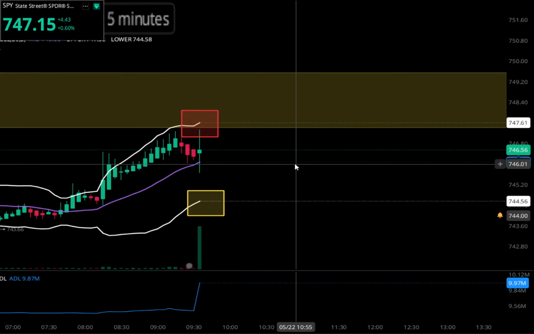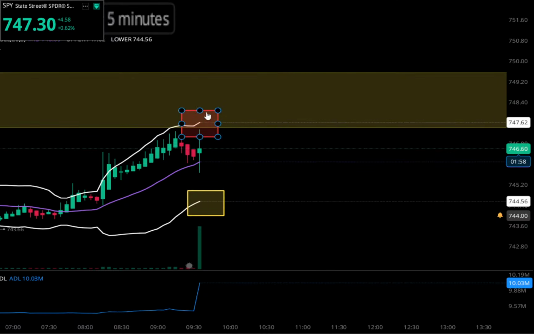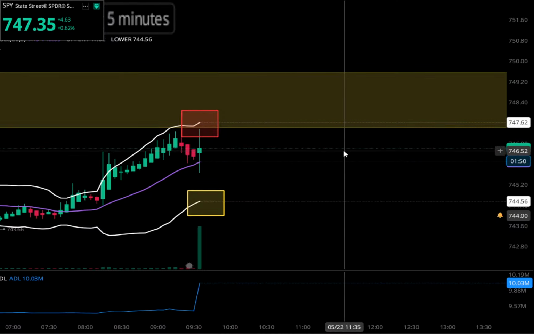I'm opening up those 746 puts, and I'm not taking any yet, I'm just keeping it open because the price is gravitating towards that upside. It's telling me that our put entry might be coming up here, so I'm waiting for that.